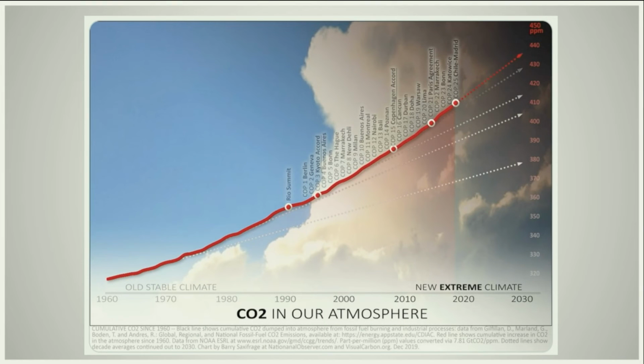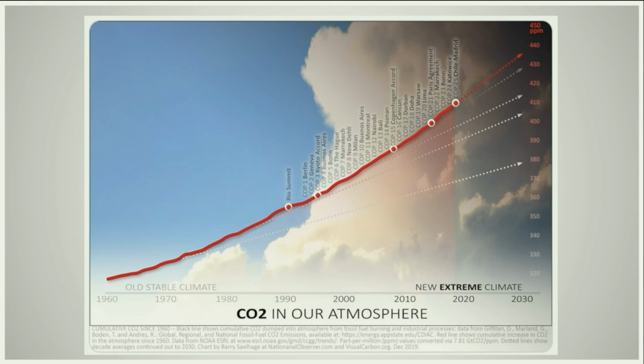So this is a real cause for worry. This is what we should be worrying about now, the fact that this carbon dioxide curve is accelerating upwards. And nothing we can do seems to be able to slow it down. This red line is the carbon dioxide curve, and all the little markers along this line indicate annual conferences about climate held by the United Nations, and these are called the COP meetings, Committee of the Parties.